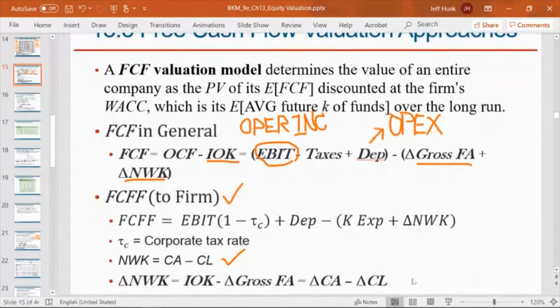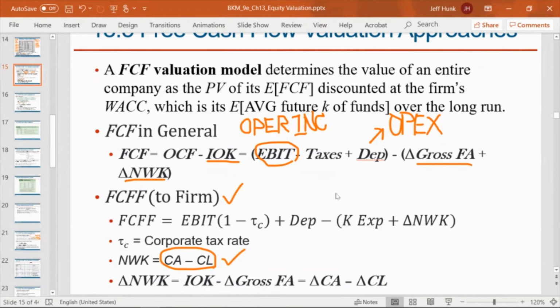That's net working capital. So of course, there are current assets. Net working capital will change over time as well, right?